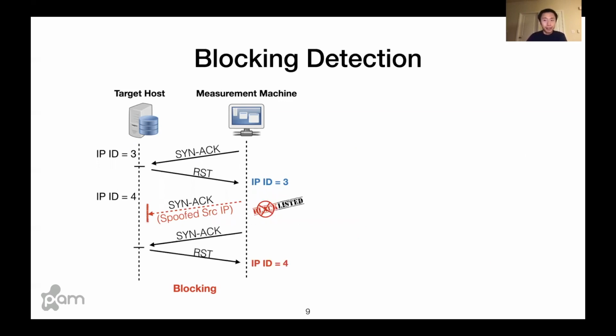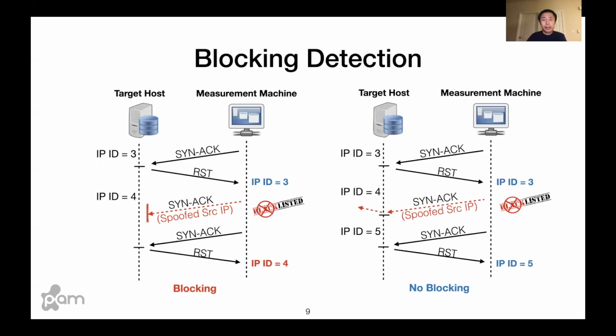So if we probe again, we will see the IPID equals 5, just plus 1. On the contrary, if there is no blocking in place, then at the second stage, the target host will get our spoofed packet, triggering the IPID to increase by 1 further. So our later probe will get the IPID equal to 6.